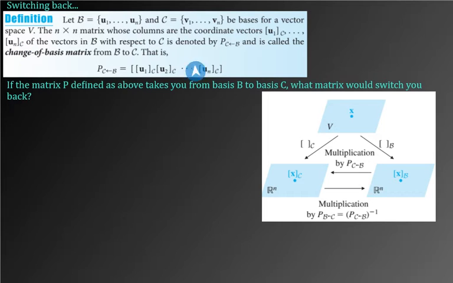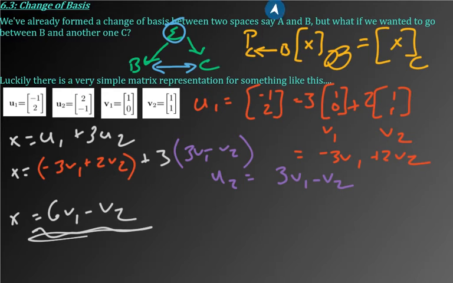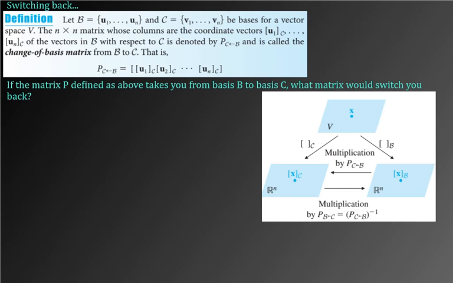If you just build a matrix where those are the columns, that will be the matrix that I was talking about, that if you apply it to a vector written in the original basis, it'll pop you over into that same vector written in the other basis. Hence we've changed basis, okay?